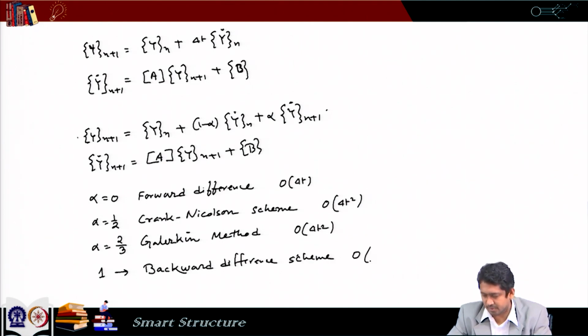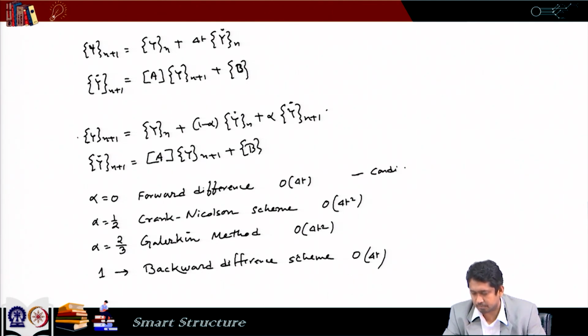And here the order of accuracy is delta t. Now, this method is conditionally stable, and these are stable.